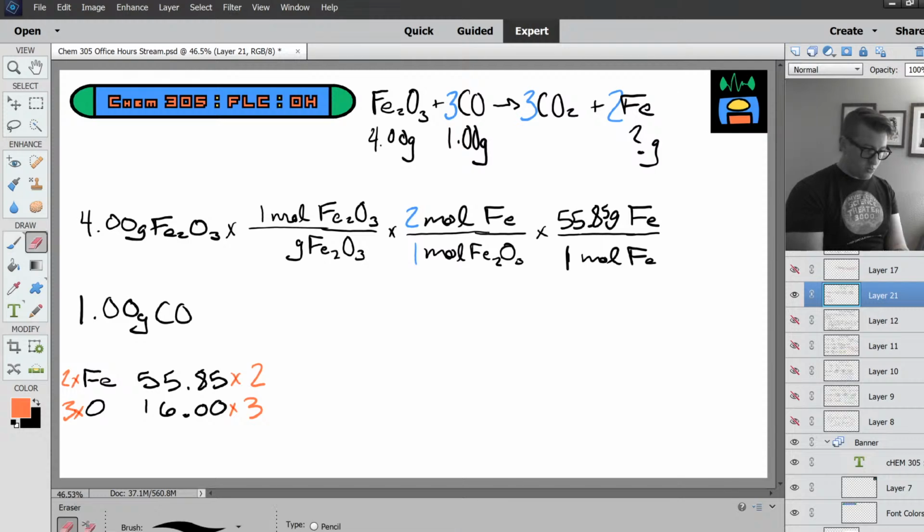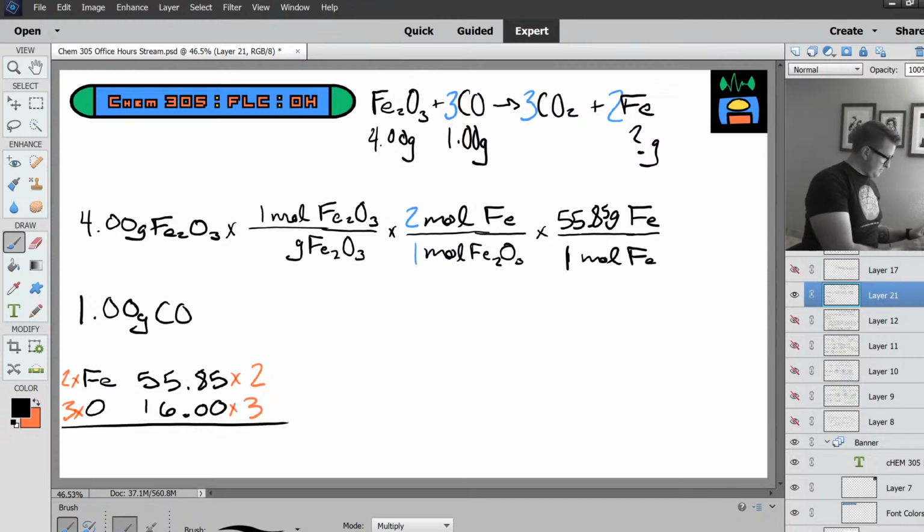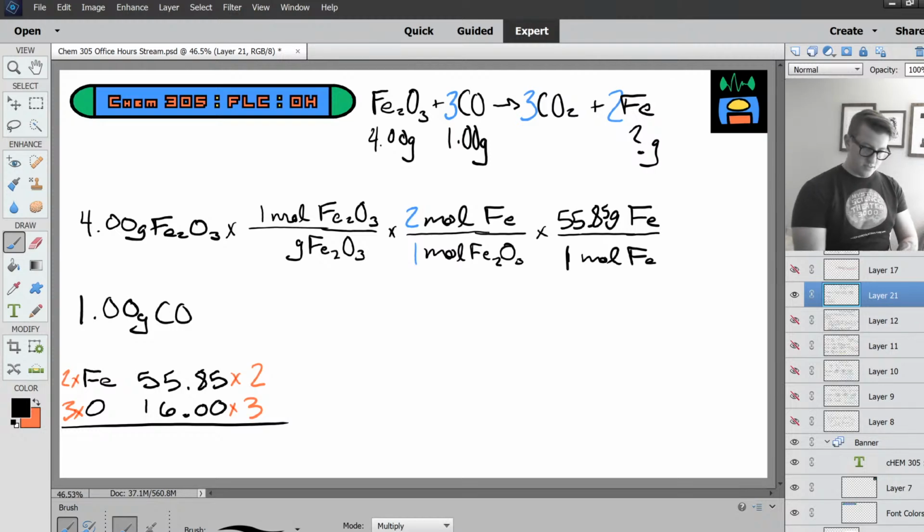All right, and now we crunch our numbers. 55.85 times 2 plus 48 is 159.70. This is our molecular mass for iron 3 oxide.